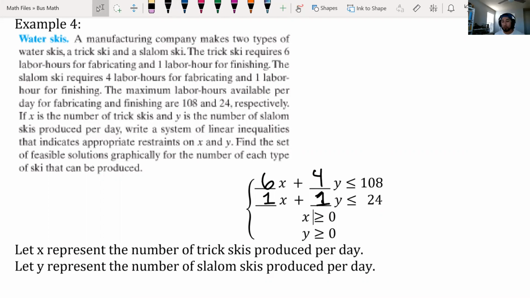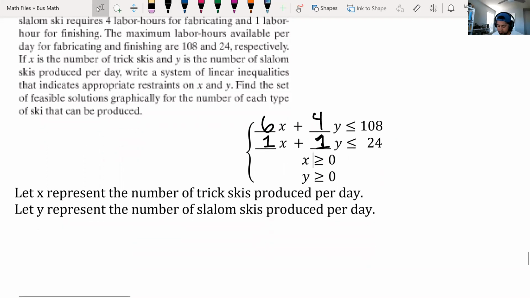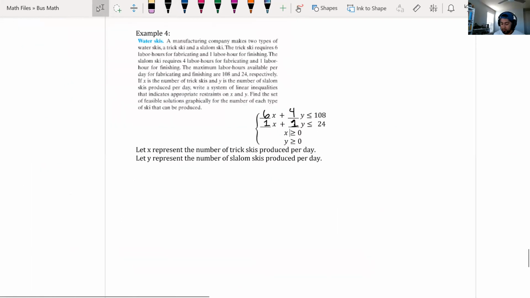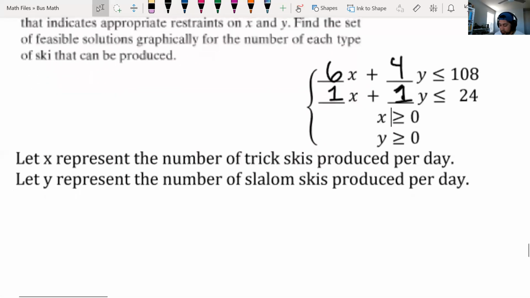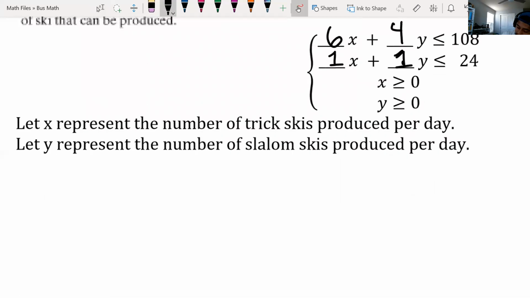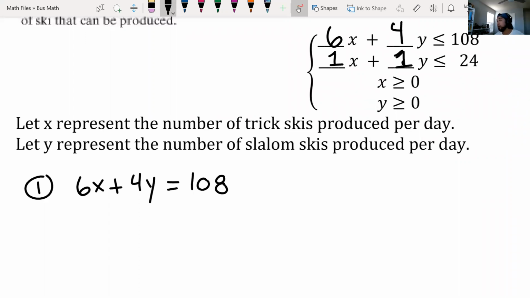Now all we have to do is solve them using the same techniques we've been doing today. Start with the first equation: 6x plus 4y equals 108. Find the x-intercept and y-intercept.